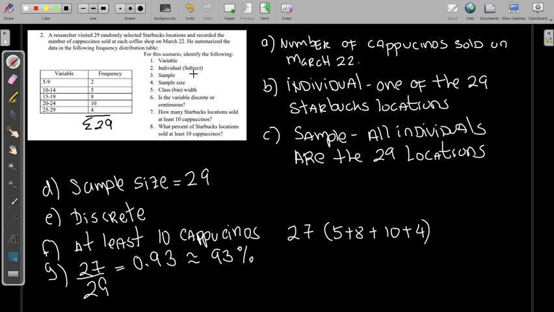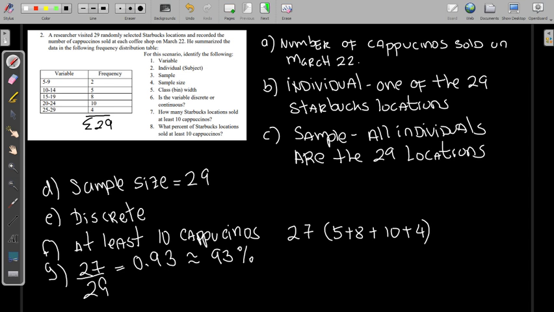Who provided this information? The answer is one of the 29. In other words, each one of the 29 locations was providing the information. They went to a store and asked, how many cappuccinos did you sell today, March 22nd? They went to another location. Each location is an individual.